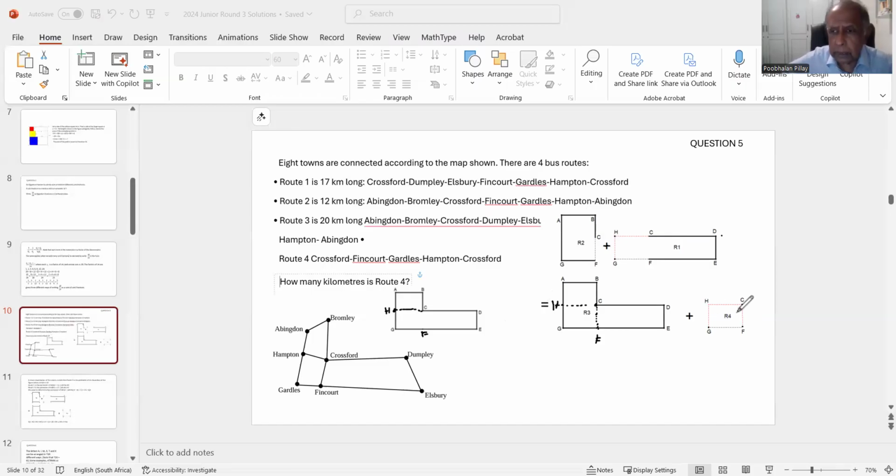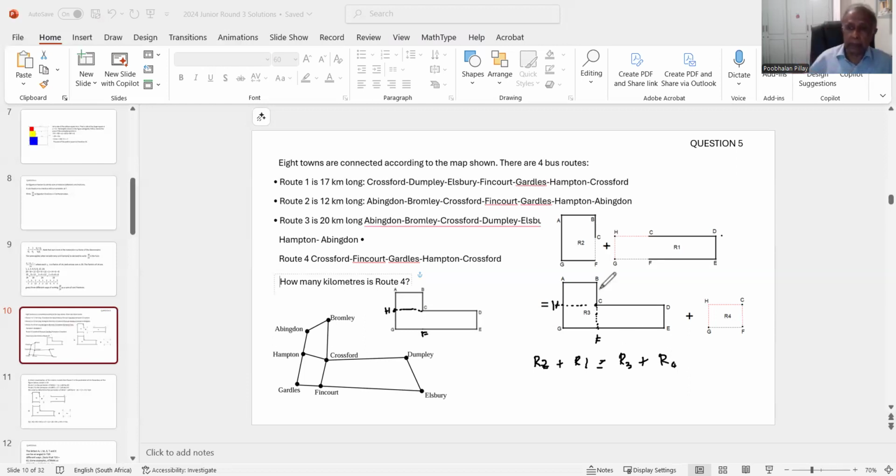So when you add these two, it's like adding the dark lines. If you add the dark lines, you get this, plus the dotted lines. So this thing here can be written as this dark one plus the dotted lines. But the entire thing is route 3. So you have a nice equation here which says route 2 plus route 1, if you add these two, you're going to get route 3 plus route 4.